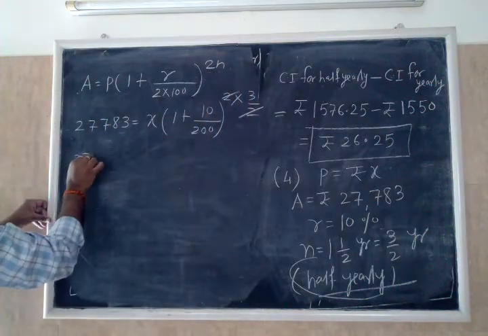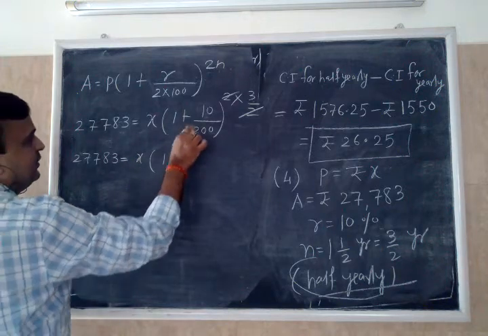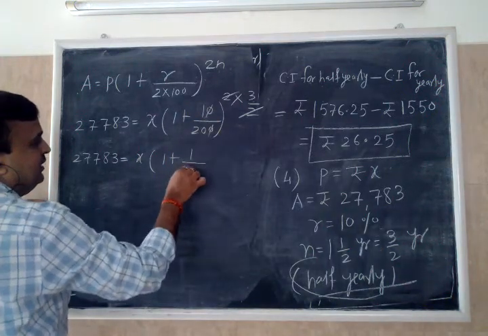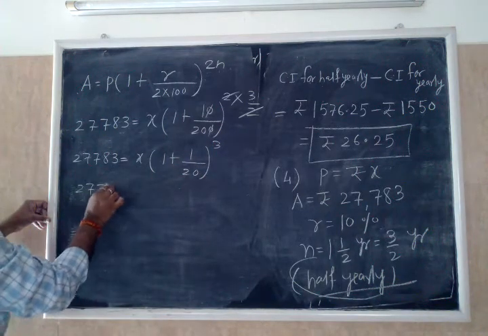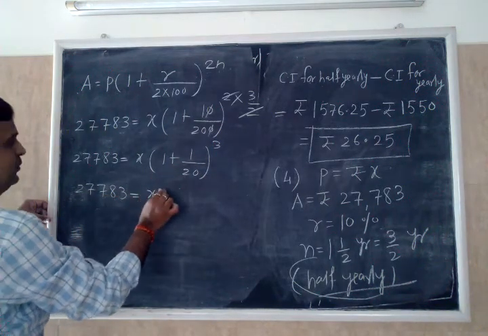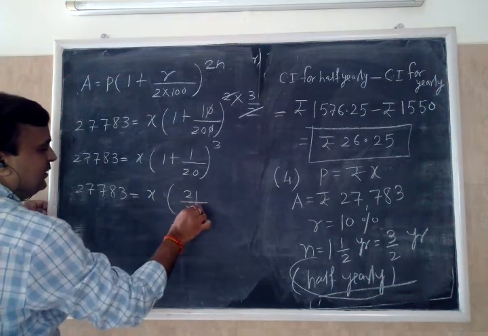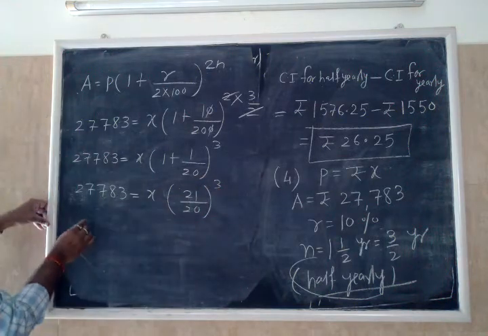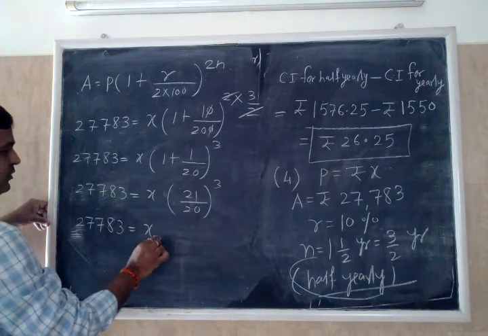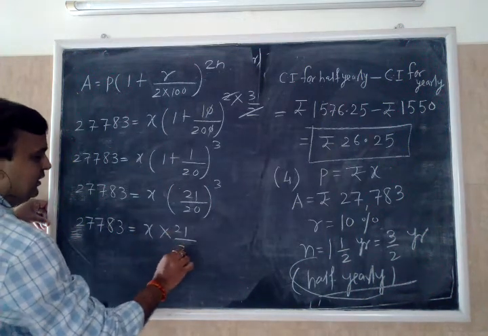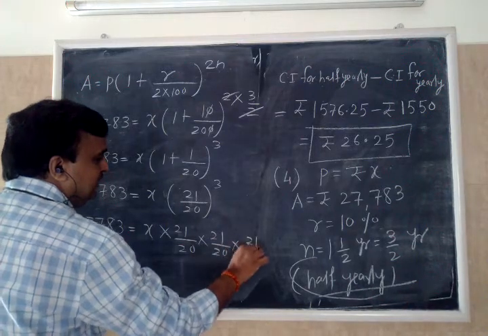So 27783 is equal to x into 1 plus 1 upon 20 raised to 3, which is 21 upon 20 raised to 3. So 27783 is equal to x into 21 upon 20 into 21 upon 20 into 21 upon 20.